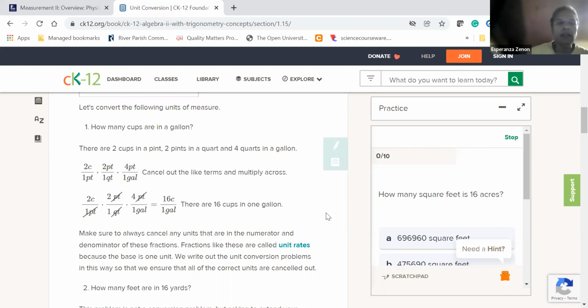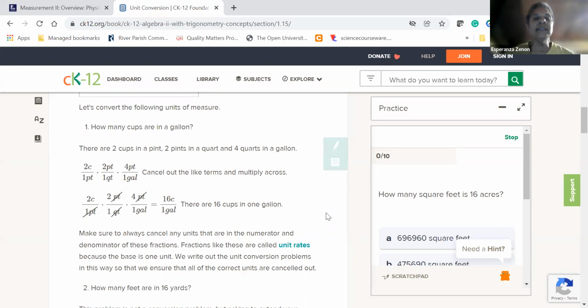Okay. And then what you're left with is the unit cups per gallon, right? So you see that when you multiply your top numbers there, 2 times 2 times 4, you get 16. And the unit that is left after you do all the cancellation is cups per gallon. So you see that there are 16 cups in 1 gallon.